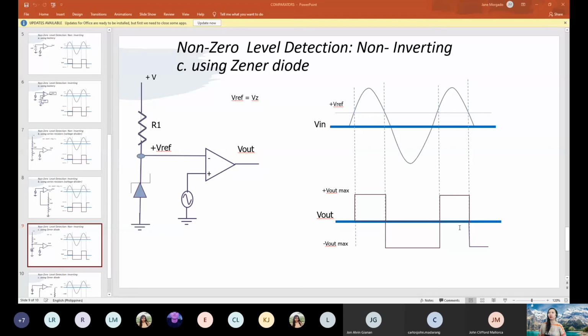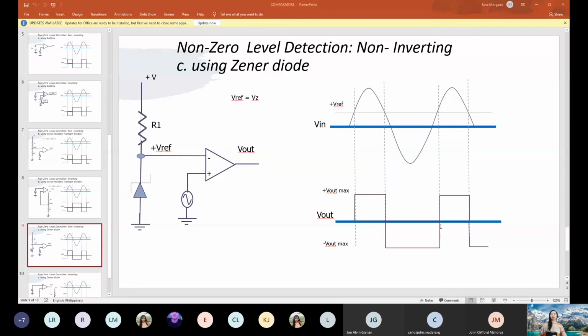We have two types of supply, DC and AC. So when we say bias, does it mean application of AC or application of DC? Okay, thank you, Richard. Generally, application of DC voltage.